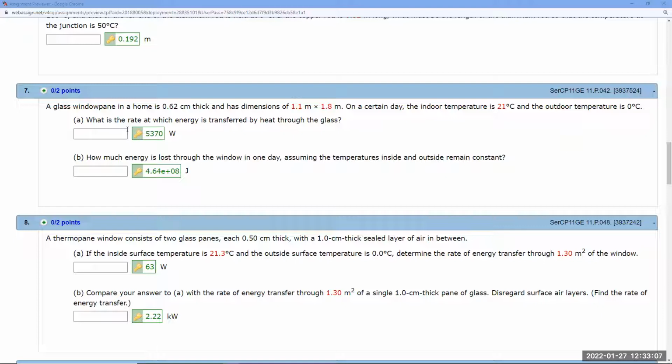So calculate the heat rate. I think you can do it yourself. Q over T, right? So you have your K for the glass. You can use your glass K. Then your area is given by 1.1 times 1.8 meters squared. Delta T is 21, high is 21, low is 0, divided by 0.62.